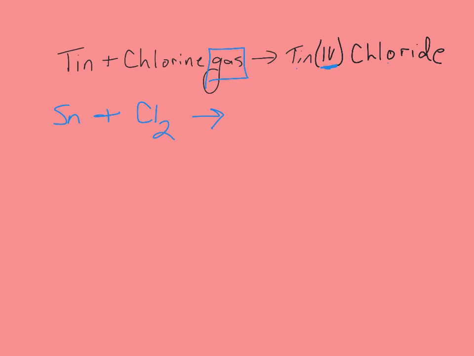So I'm not just going to do SnCl2. I have to work this through. So I'm actually going to move down here to the bottom and do a quick crossover. Tin 4 and chlorine is 1. So if I cross this over and do tin 4 chloride, the 4 is going to move here. This 1 is going to move down there, but I don't have to write the 1 in. So tin 4 chloride is actually SnCl4.